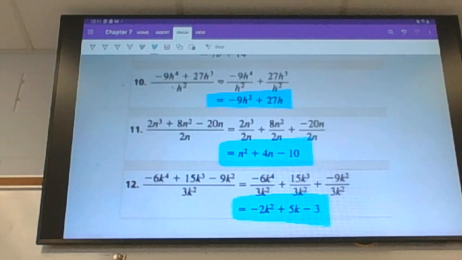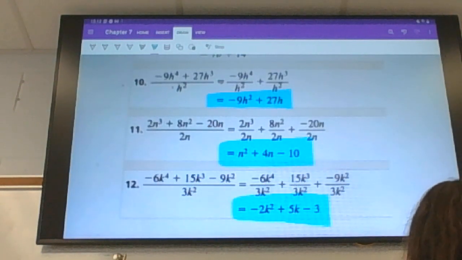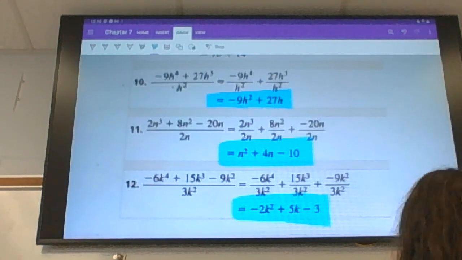I think everyone but 9, 11, and 13. Look at the bottom.